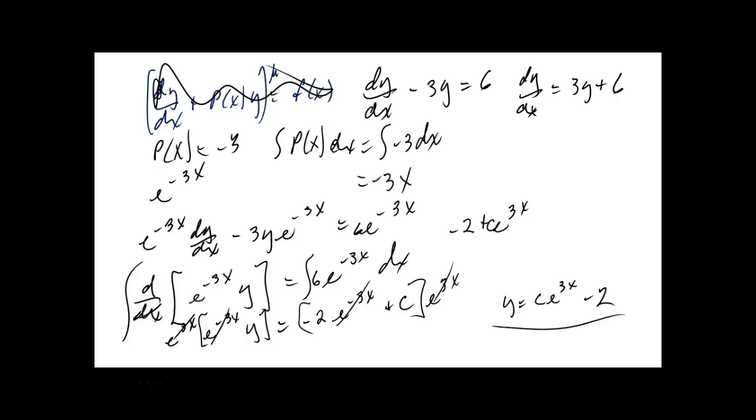So there's example 3. Homework exercises here. Do any of the odds 1 through 23. And they do have the, well, let's look in the back.